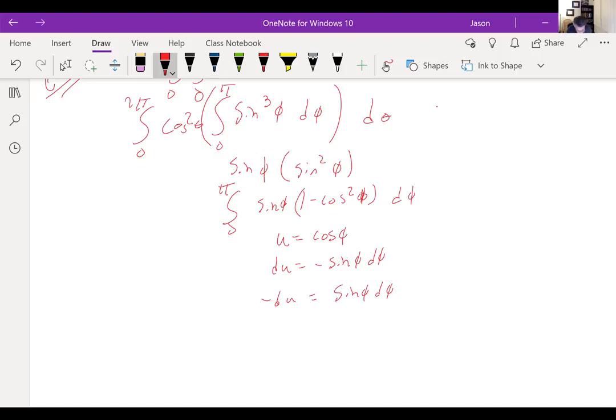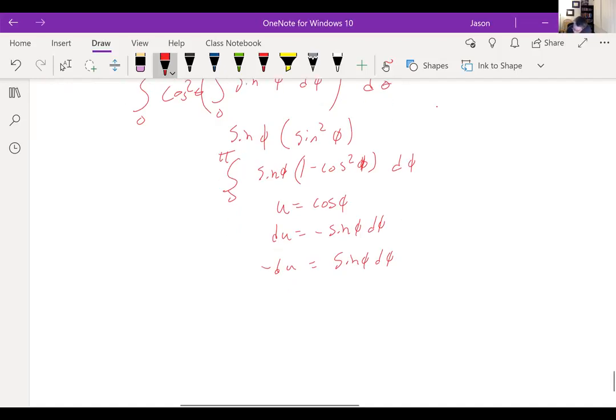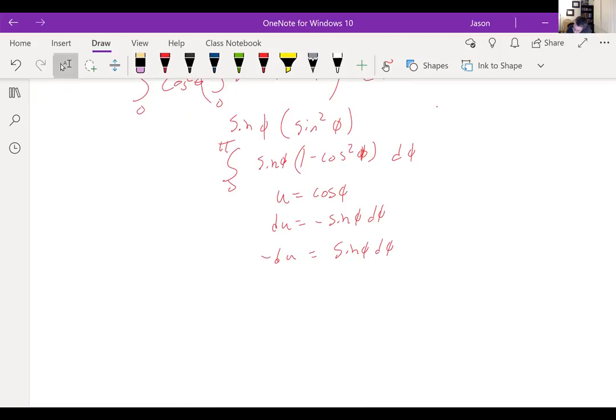So now what do I get? Well, what's the cosine of 0? That's 1, right? So 1 to, cosine of pi is negative 1.